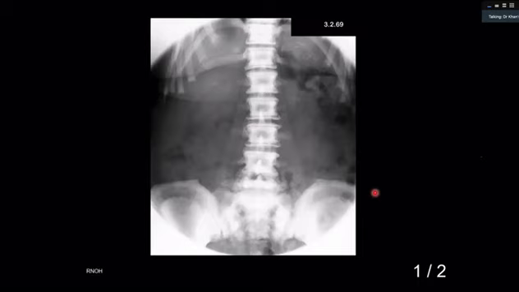Yes, please. Okay, so there is a generalized increase in the bone density, giving a picture frame appearance involving all the radiographed bones. The differential diagnosis is osteopetrosis, which is marble bone disease, maybe myelofibrosis.